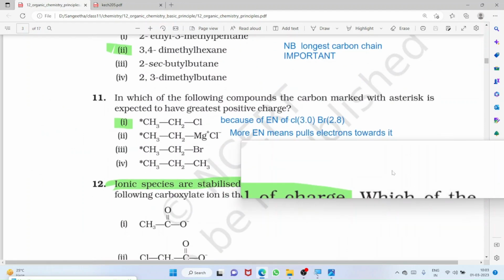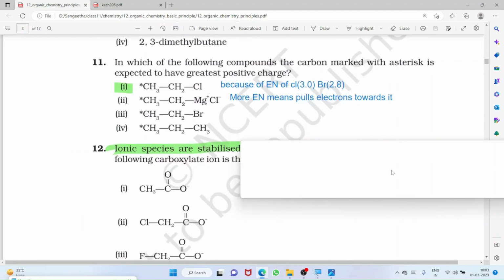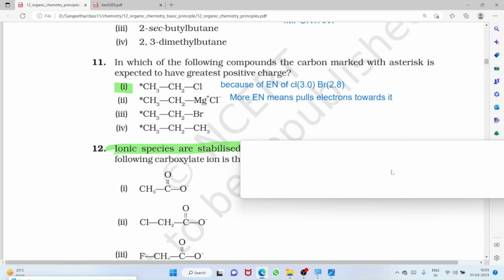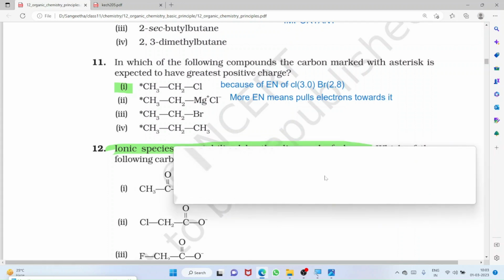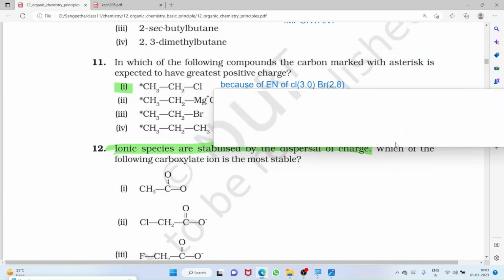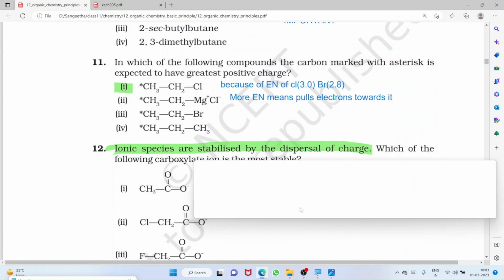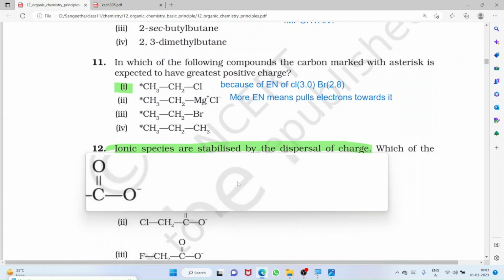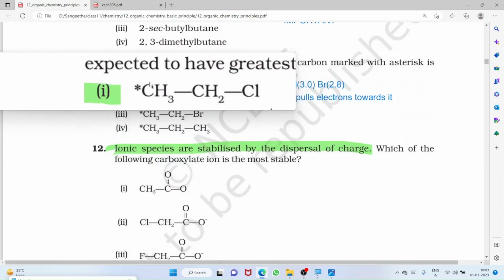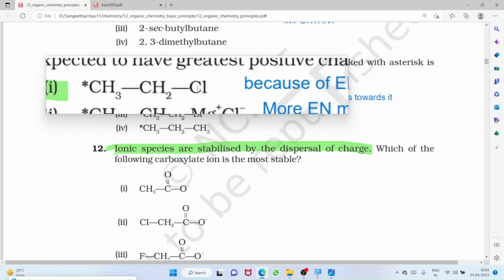In which of the following compounds is the carbon marked with the asterisk expected to have a greater positive charge? See, the electronegativity of chlorine is 3 and bromine is 2.8. Chlorine is more electronegative than bromine. So the chlorine will pull electrons towards it, and so the carbon will get a positive charge because chlorine is present here.